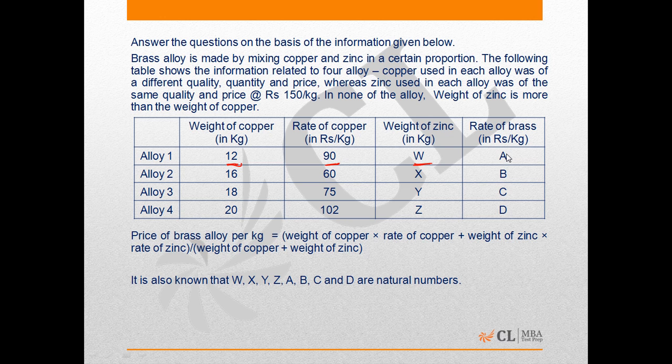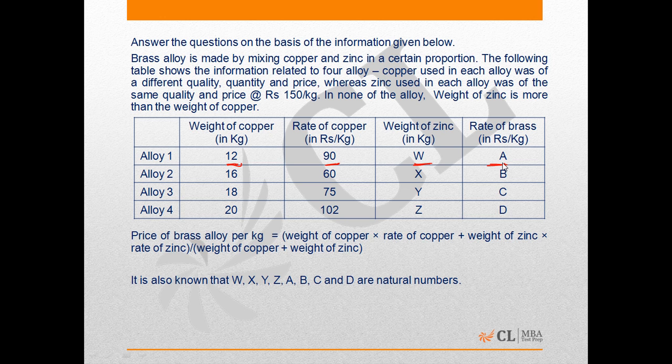Similarly, we can see this for the other alloys. Price of brass alloy per kg is computed on the basis of weight of copper into rate of copper plus weight of zinc into rate of zinc, upon weight of copper plus zinc.